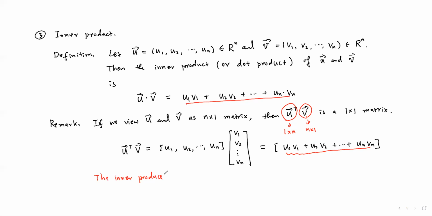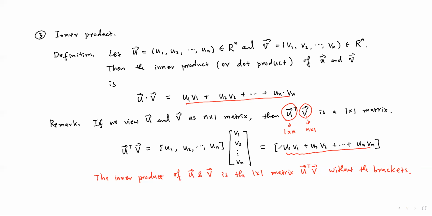The inner product of u and v is the 1 by 1 matrix u transpose times v without the brackets.